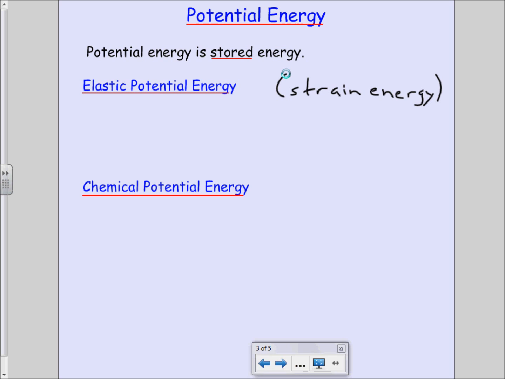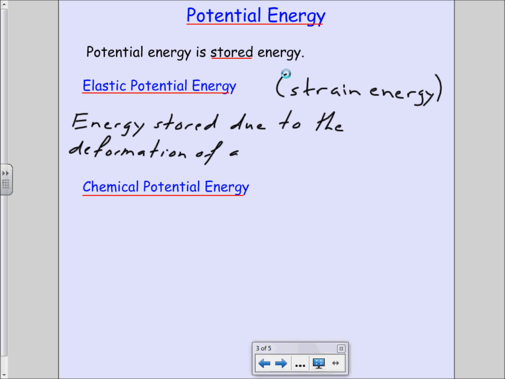We would say that elastic potential energy is the energy stored due to the deformation, the change of shape, of a body.